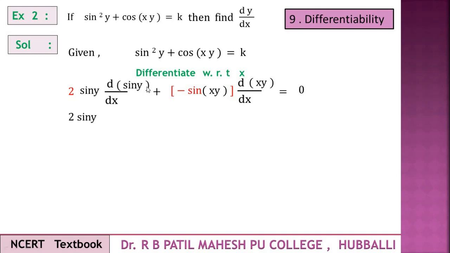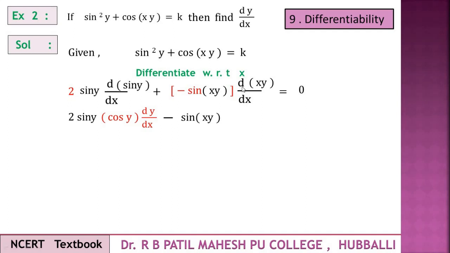Now the sine y derivative: it is a y variable function and a simple standard function, so the sine y derivative is cos y. Whenever the variable is y, it is multiplied by dy by dx. So sine y is nothing but cos y and dy by dx. And this plus into minus becomes minus sine of xy as it is.